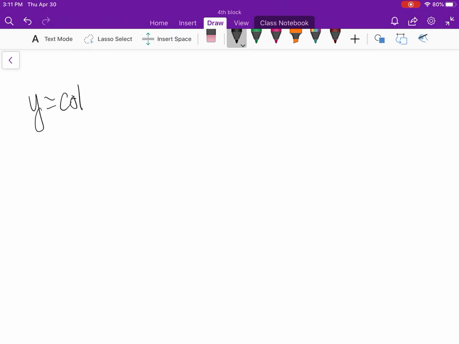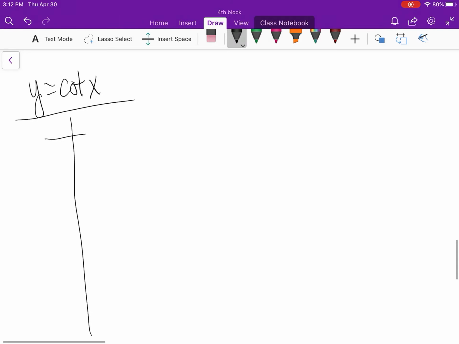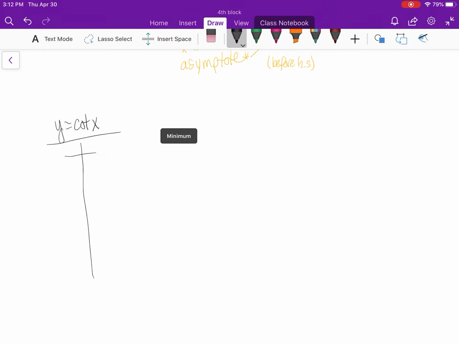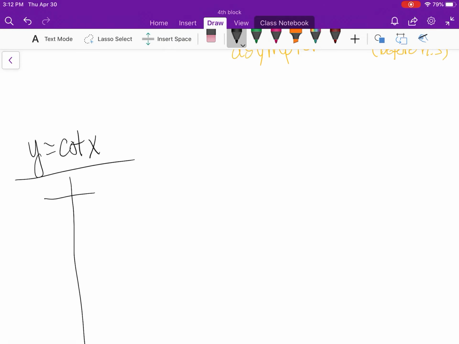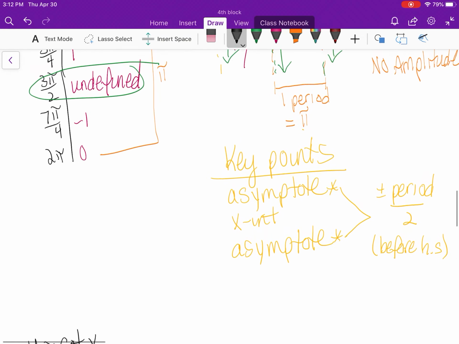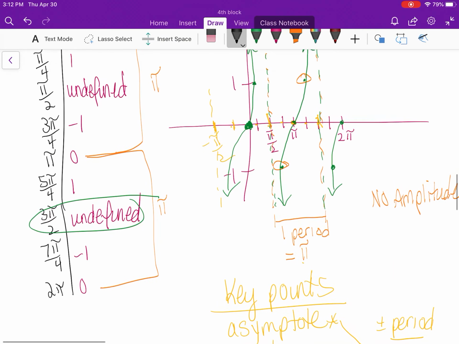Okay, let's look at cotangent. Now really, for this one, how are tangent and cotangent related? Yeah, they're reciprocals. So I can just take my t-chart that I made for tangent, and what can I do with all those numbers? Right, I can just flip them.